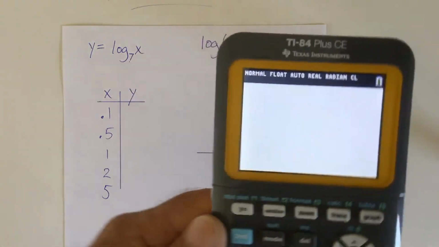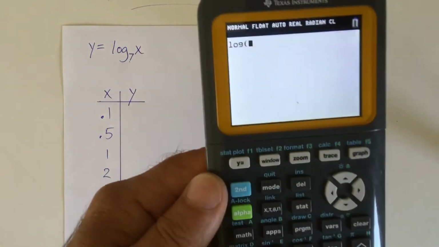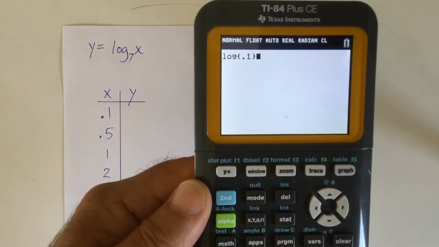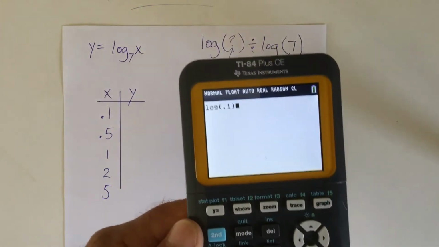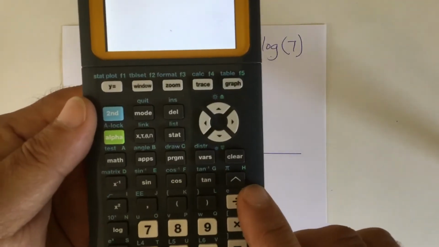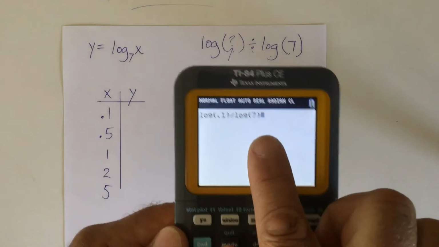So, ready? I want to plug in log of 0.1. So I'm just punching in log 0.1. But I have to trick my calculator into thinking it's base 7. So I then hit my divide key, and then I punch in log of 7. Look at my display.